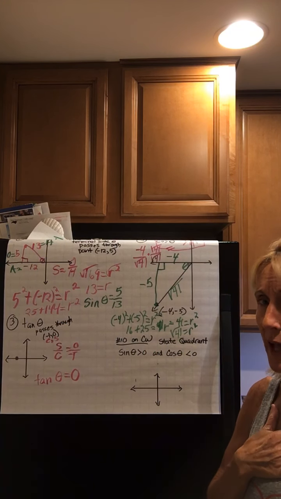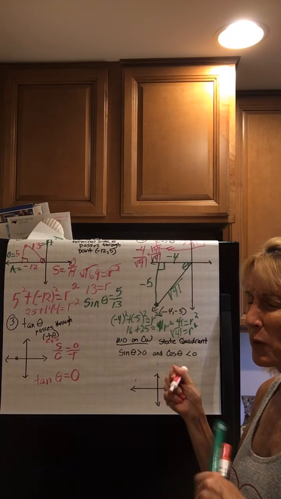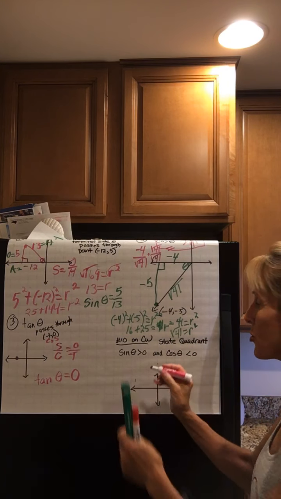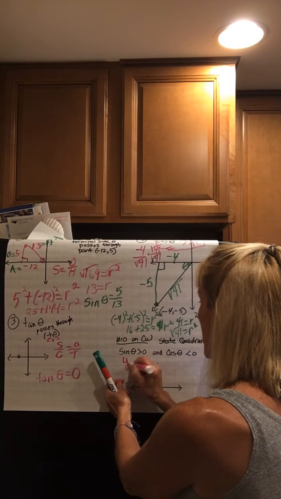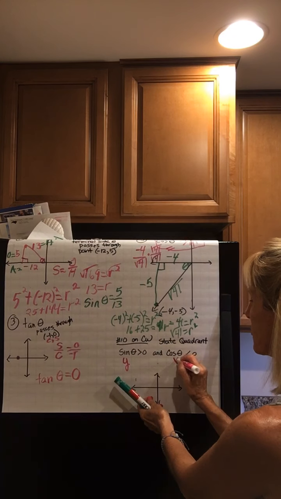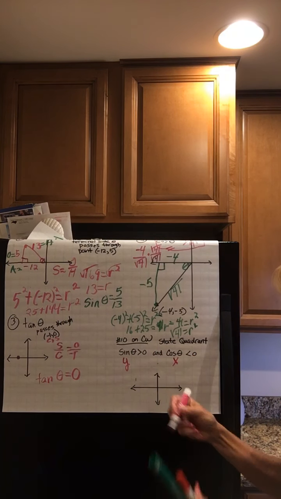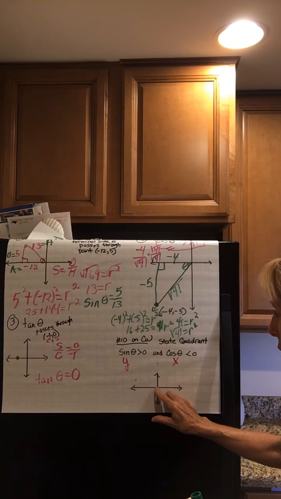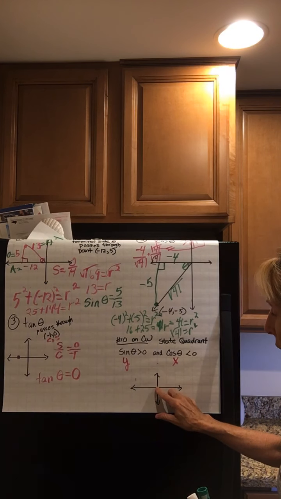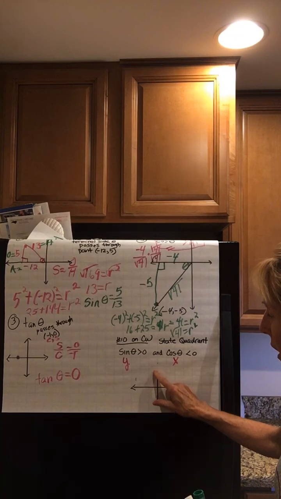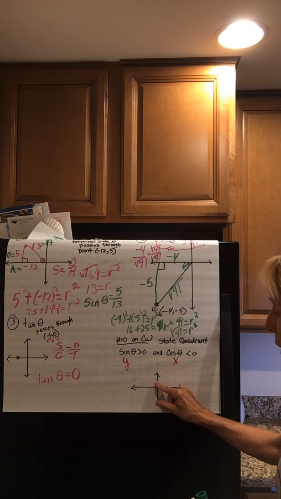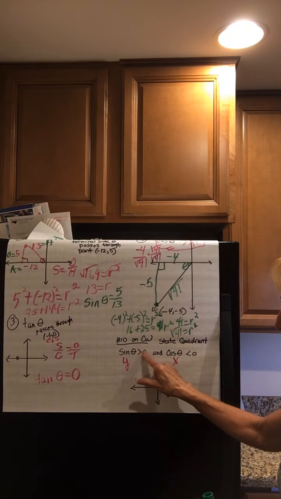Well, here's how it helps me to do this. I go, okay, wait a minute. Your sine is your y values, and your cosine are your x values. So I take my finger and I go, okay, where are my y's positive? My y's are positive up here. So that would be up, because greater than 0.